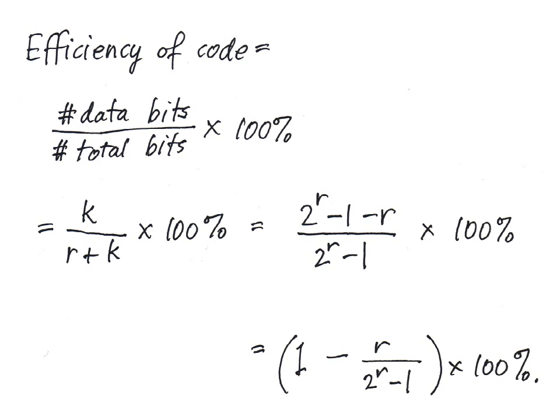This, by the way, is maximum efficiency because it assumes that we're using a total number of bits that is 2 to the r minus 1. And we may be using fewer bits than that. That is, not taking full advantage of transmitting all the data bits possible.